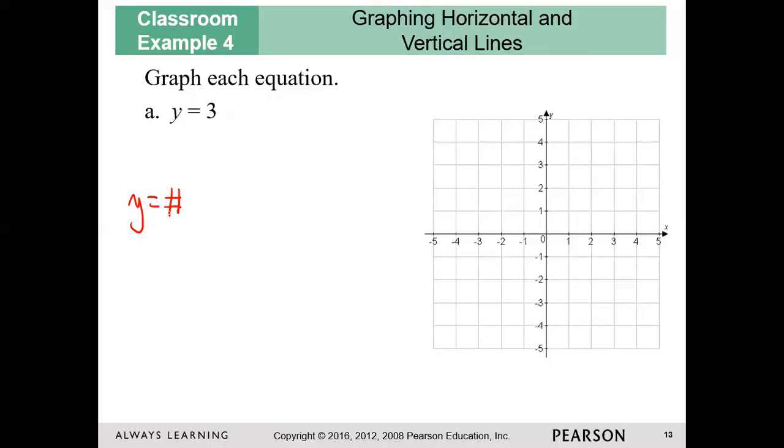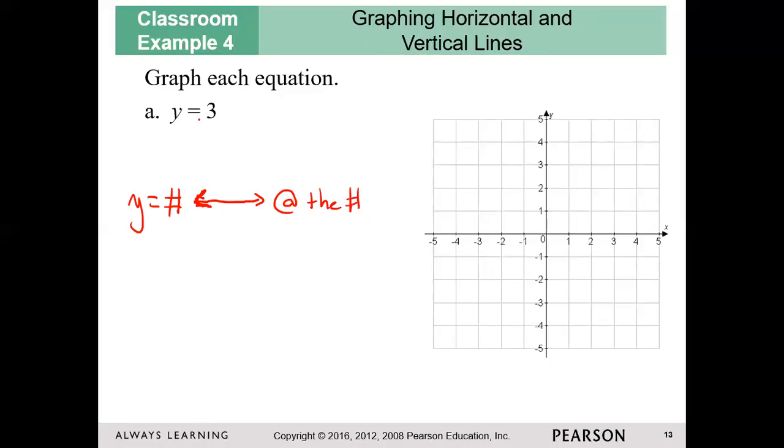So if this is the scenario that you have where one of your variables is missing, in this case the x is missing, when y is equal to a number, this is going to represent a horizontal line at that number, all right? So it's a horizontal line at the number, okay?